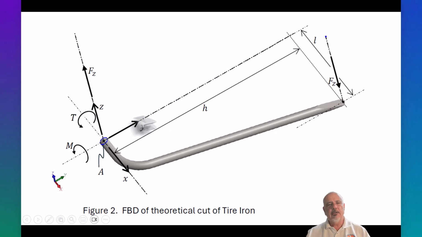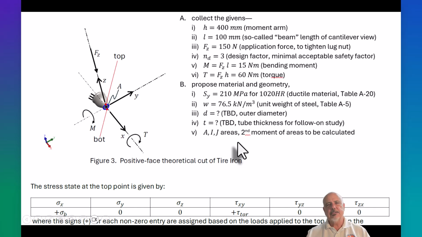Okay, so then I do a theoretical cut. So I've got my torque value, my bending moment, shear force Fz, and then I set up some things here. Let you take a look at these things at your leisure.